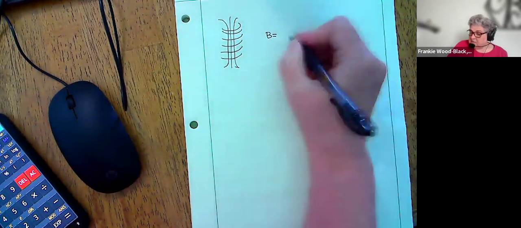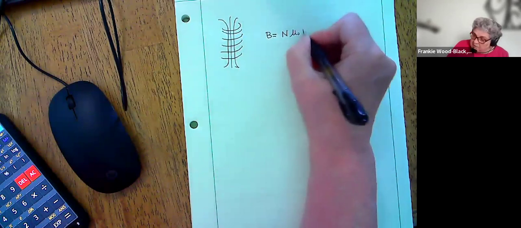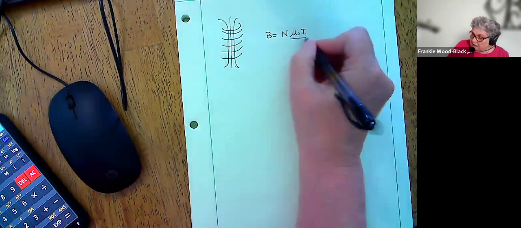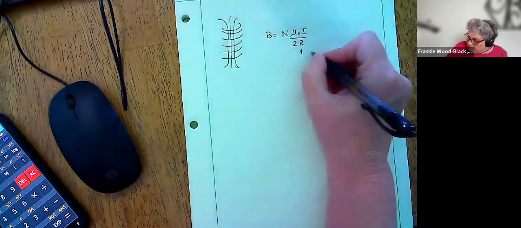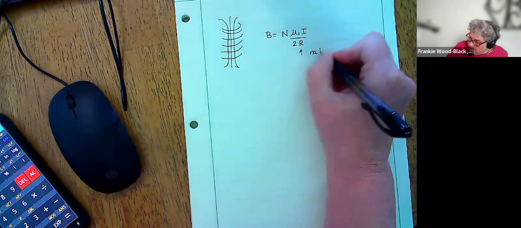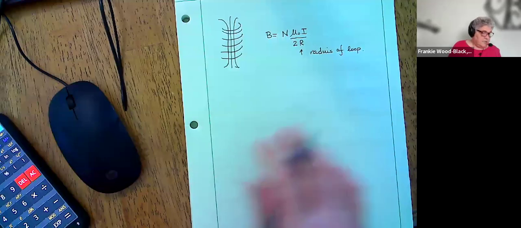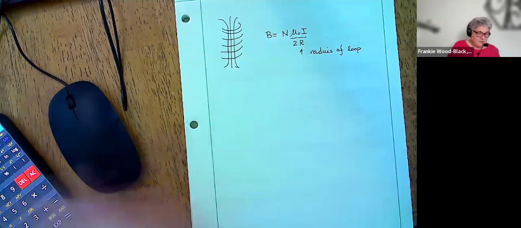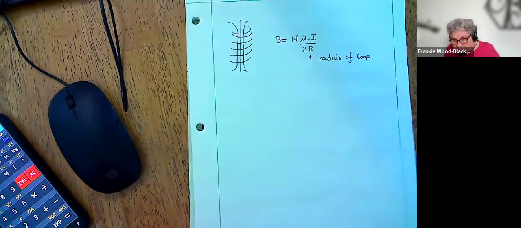And our magnetic field inside our solenoid, which gives us our electromagnets, is the number times my permittivity of free space divided by 2r. And that's related back to the radius, and that allows us to get our electromagnets. And that pretty much takes care of chapter 19.